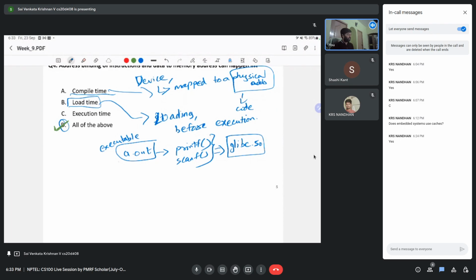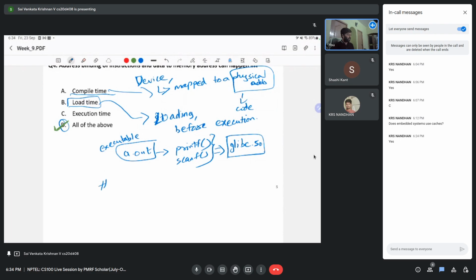Just for printing a hello world program, if for every program you have a separate copy of this glibc library, it would consume your system resources. So in order to avoid that, it will have a shared library, and the shared library would be linked to all the executables.